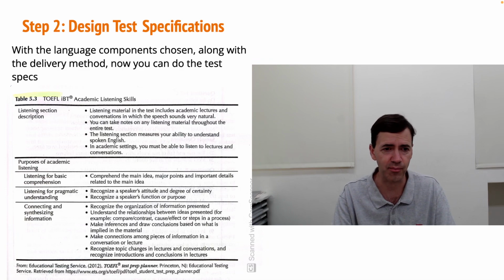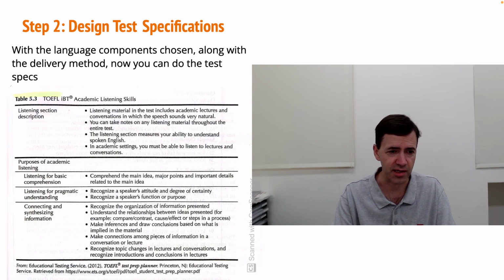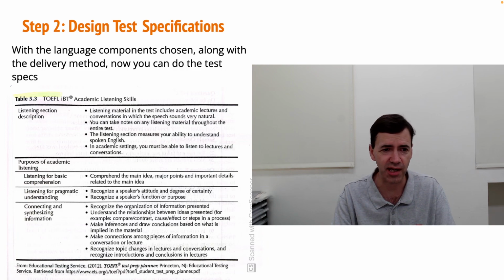So here's an example of the test specifications for the TOEFL iBT academic listening skills. Okay, so you can see all the information they have in here. They've got a listening section description. So the listening material includes academic lectures and conversations in which the speech sounds natural. You can take notes on listening material throughout the test. The listening section measures your ability to understand spoken English. This is a construct.